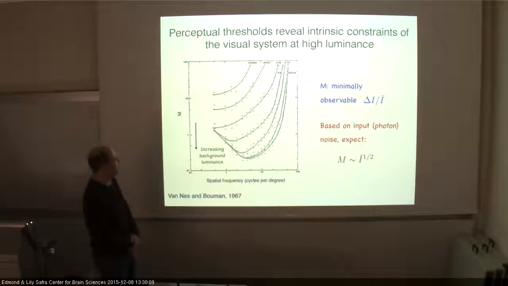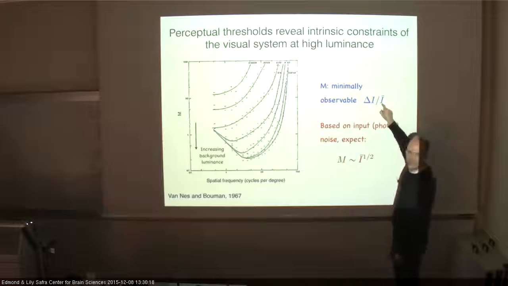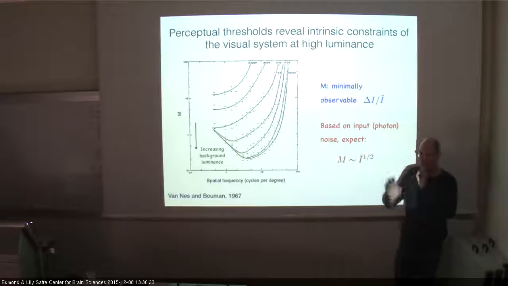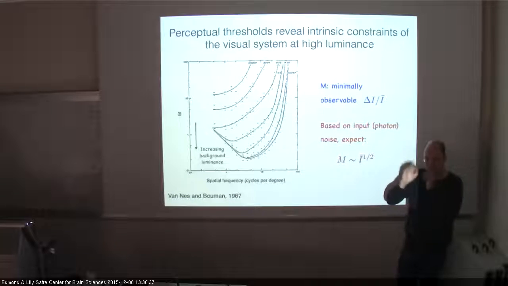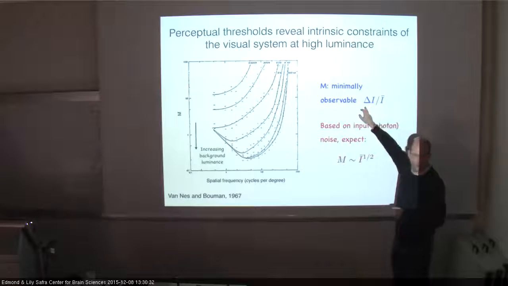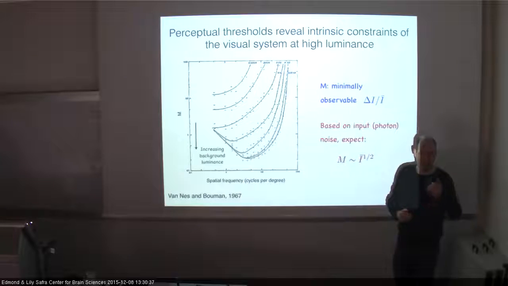The way they did it is that they first adapted our retina to a certain light intensity I, and then on top of that, they showed a certain grating, a periodic stimulus with an intensity delta I. And they checked for human subjects what is the minimal intensity at which these subjects can see that they're observing it.